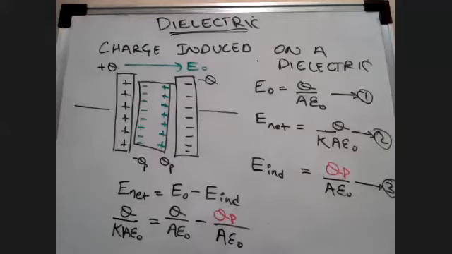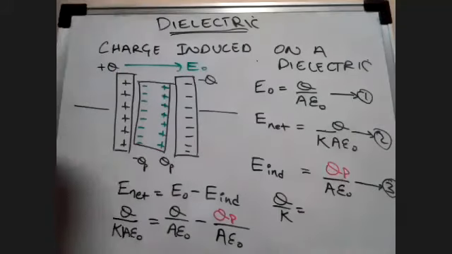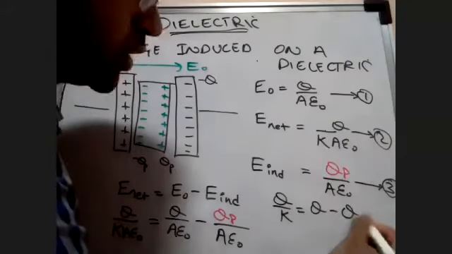QP I have written. So what are we going to get finally? If you see, A epsilon naught is all gone. What will remain? Q upon K equal to Q minus QP. Is that right? So Q upon K is equal to Q minus QP.